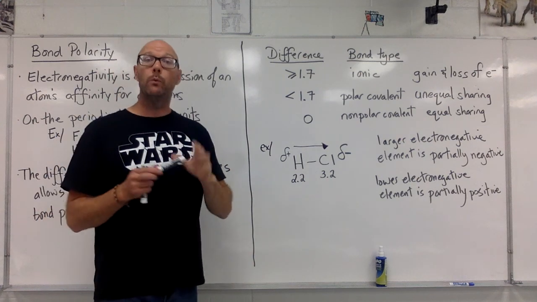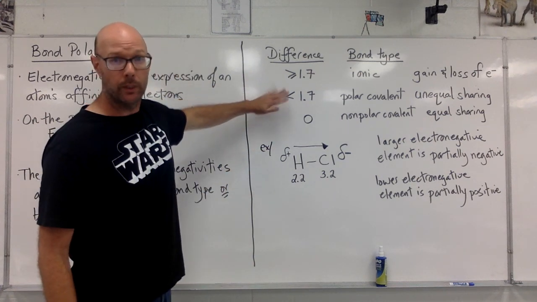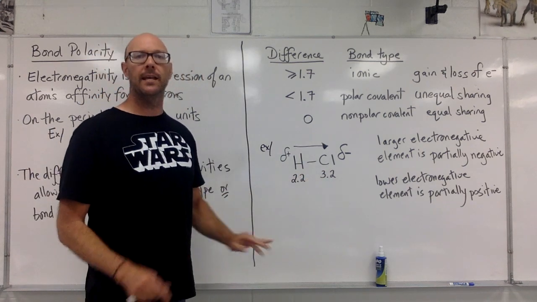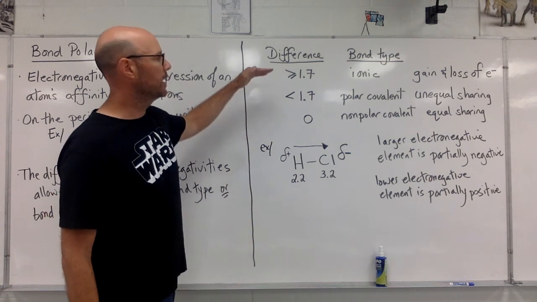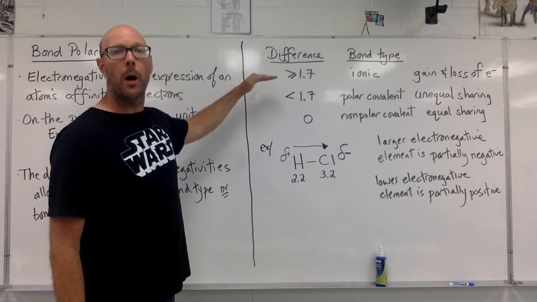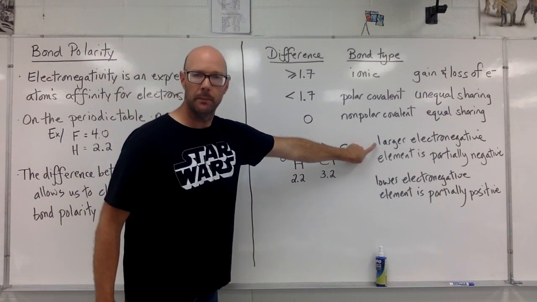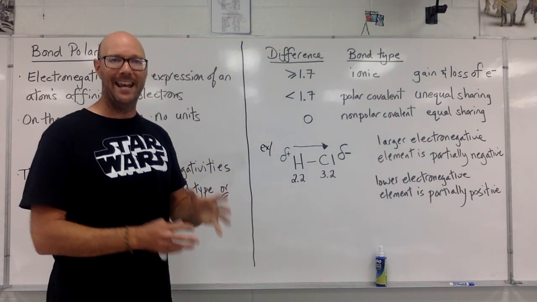So, when we are in the polar covalent category, when the difference between the two elements is greater than 0 but less than 1.7, we're talking about unequal sharing, a polar covalent bond. The element with the higher electronegativity takes on the partial negative charge.